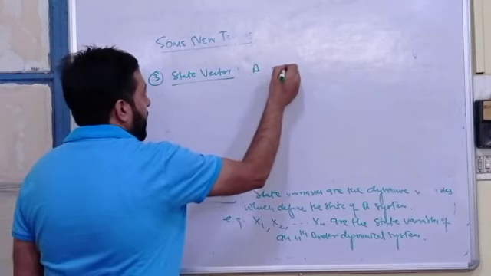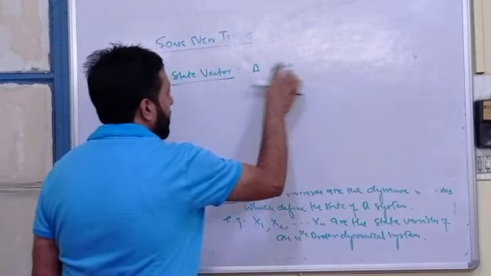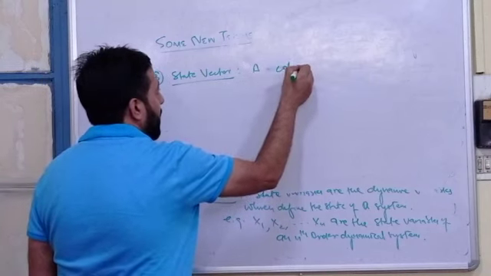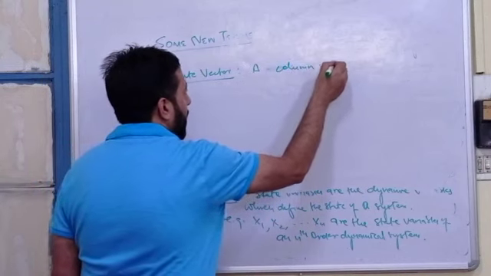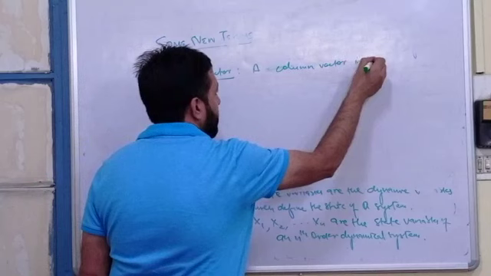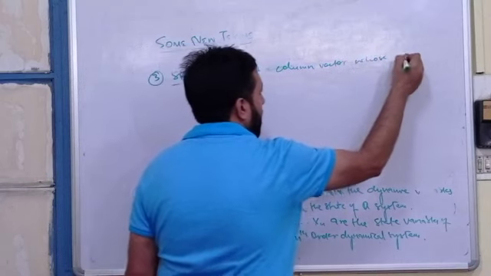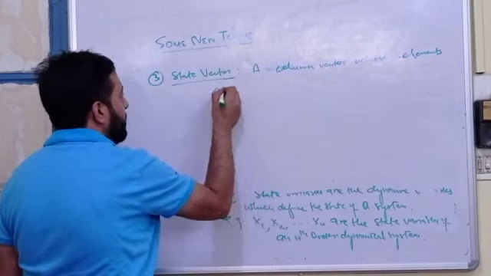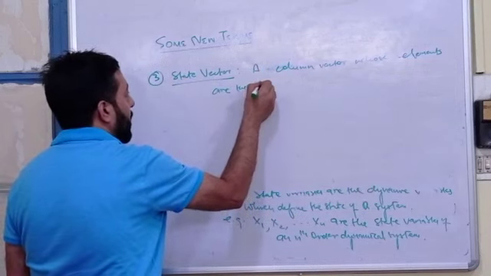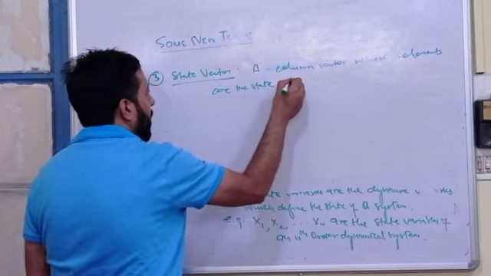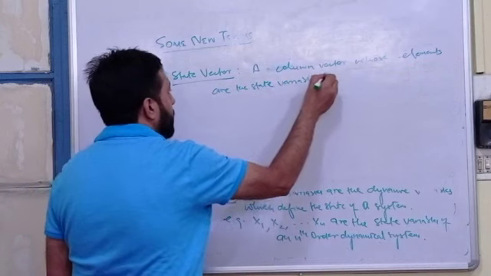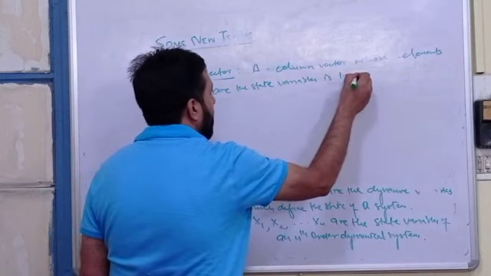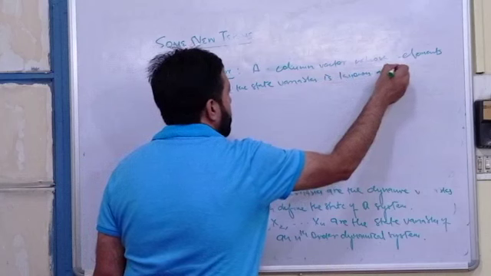A vector, या ऐसे लिखेंगे हम, a column vector whose elements are the state variables, है ना, is known as a state vector.